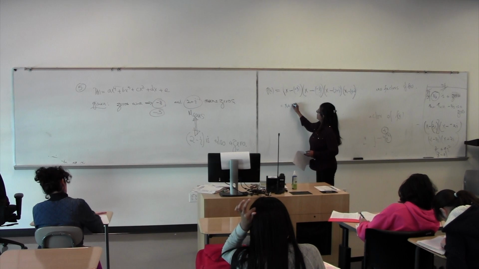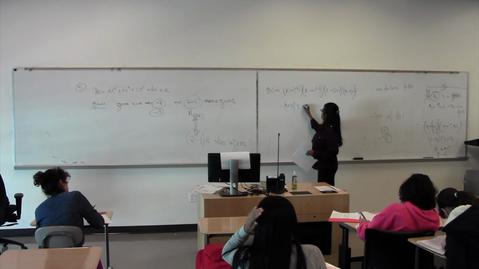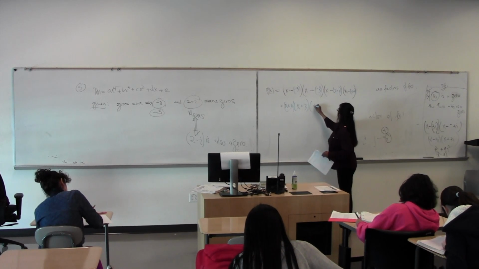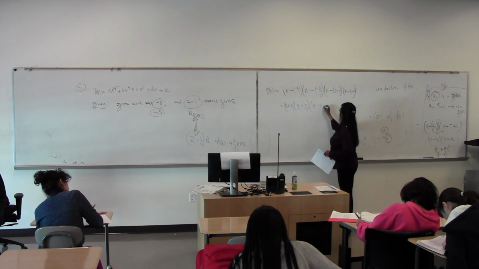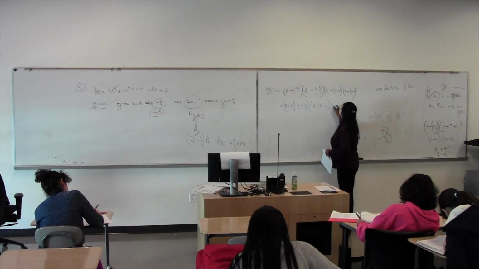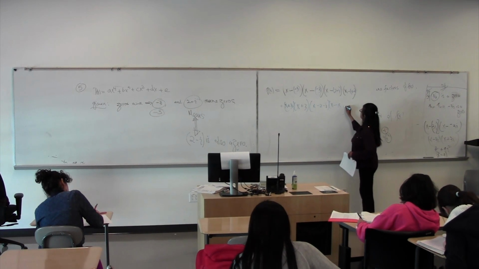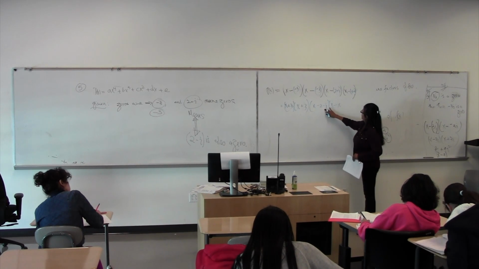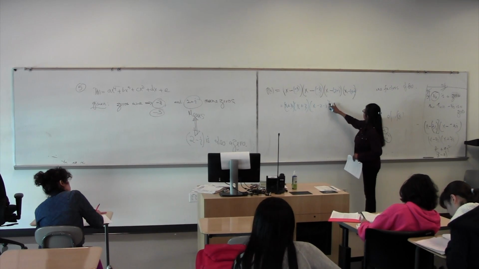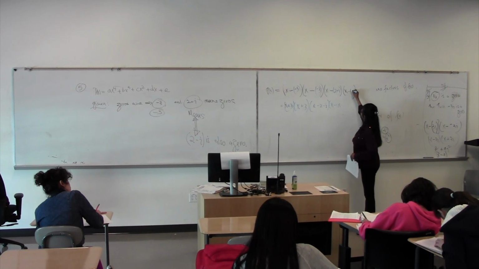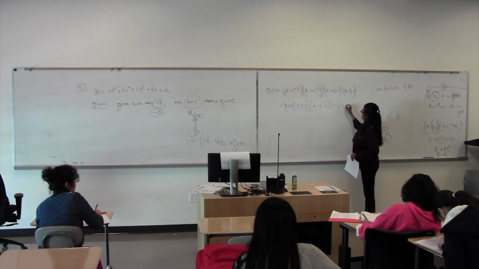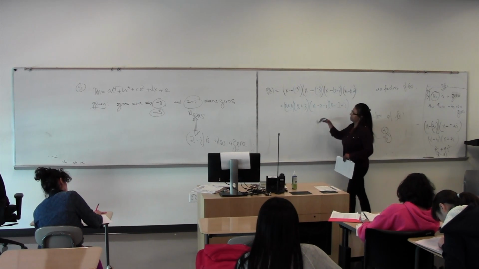So we get x plus 3 times x plus 3, times x minus, 2 plus i, times x minus, 2 minus i. The last one, 2 minus i. And what do I get here? Minus 2 plus i. So just multiply all this.